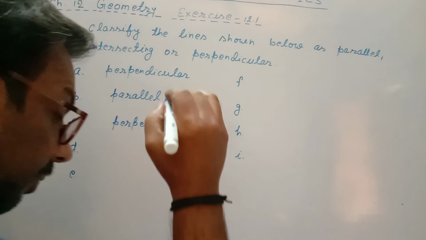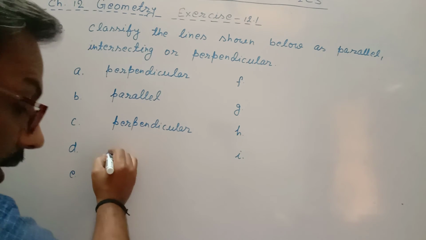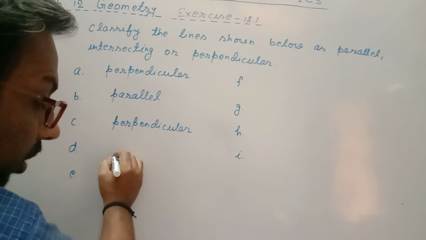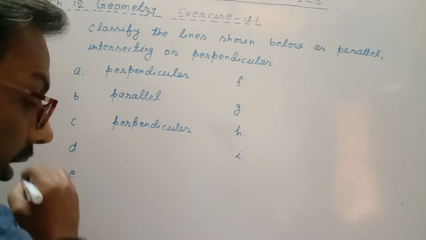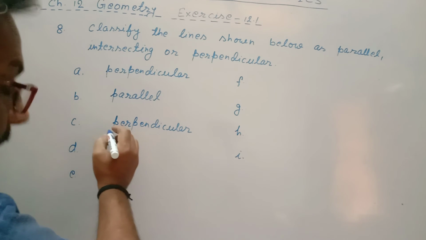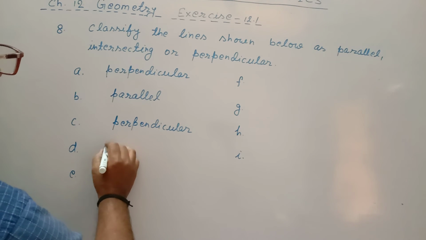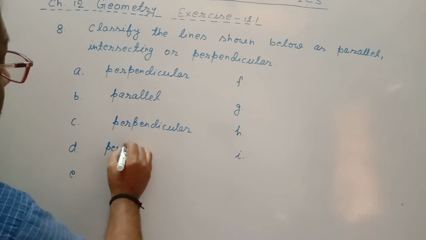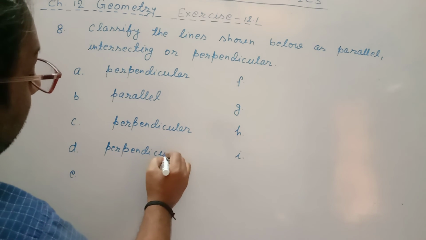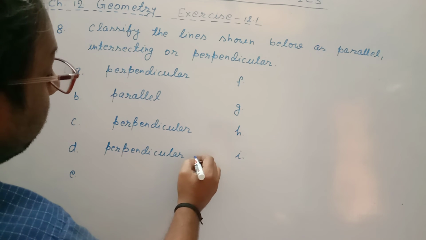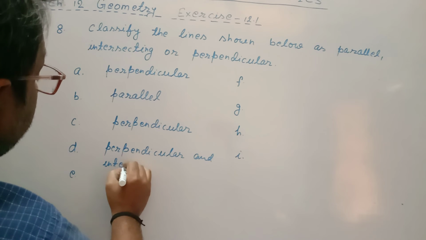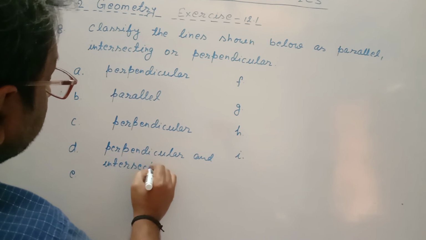And in question number D, the lines are perpendicular again, because a right angle is made at the point of intersection, so that is perpendicular, both perpendicular and intersecting.